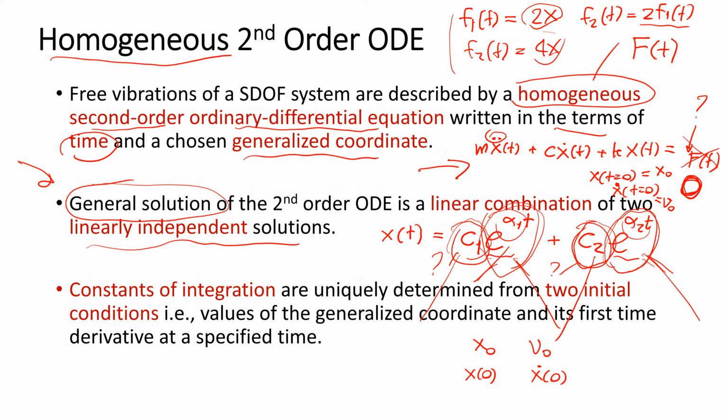Don't worry, today we will learn how to obtain C1 and C2 when we know x0 and v0 of the vibration. So C1 and C2 are the constants of integration, and they can be defined from two initial conditions.